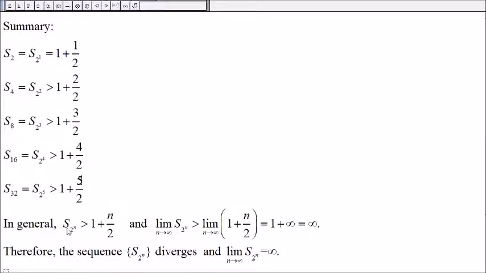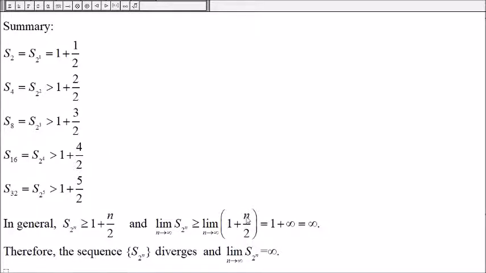So in general, we have s sub 2 to the n is greater than or equal to 1 plus n over 2. And therefore the limit of the sequence s sub 2 to the n is greater than or equal to the limit as n approaches infinity of 1 plus n over 2.